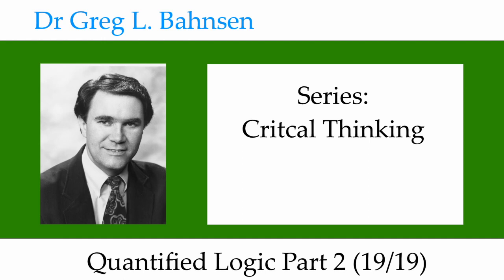Line 7 is not Da, which is modus tollens applied to 4 and 6. 4 said Da, then Ea. 6 said not Ea. 4, therefore, through 6 leads to not Da at line 7. Line 8 will be Fa and not Da, which is a conjunction of line 5 and line 7.